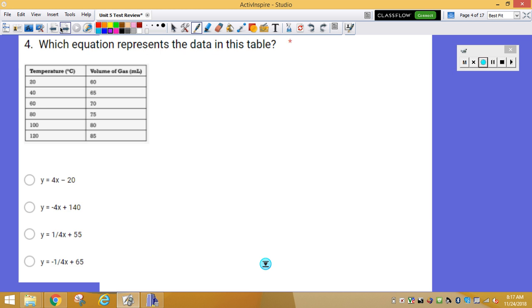Okay, next up, I give you a table and I want to know the equation. So you need to pick 2 ordered pairs. I'm going to pick the first one. I'm going to pick 20 and 60. And I'm going to pick 40 and 65. And remember, you have x1, y1, x2, y2.